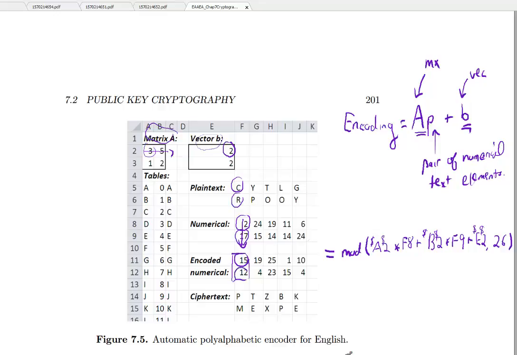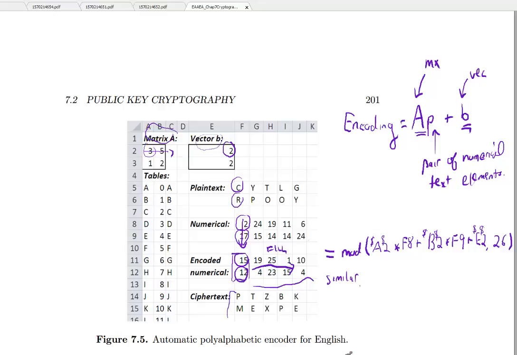Now you're going to have a similar formula for here, and I want you to try that. Again, you're going to be using matrix vector multiplication. This time you're doing the second entry in the resulting matrix. Once you've done that, you can fill right. And then you have your encoded message.